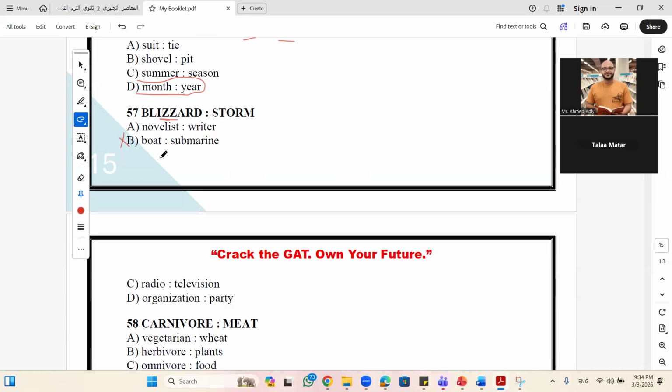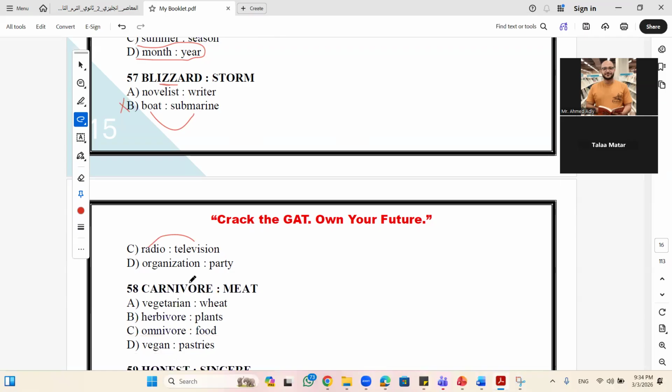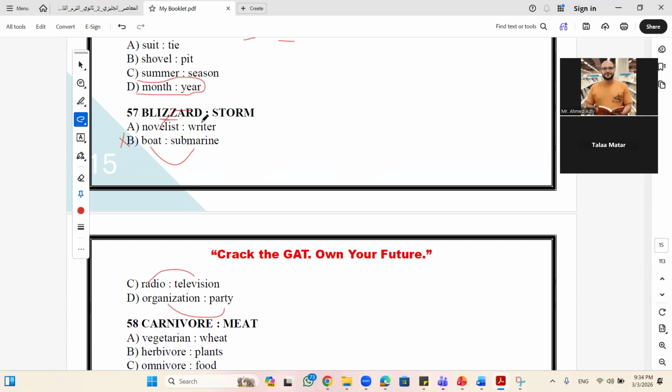So is a boat classified as a submarine? No. Is a radio classified as a television? No. Is an organization classified as a party? No. Is a novelist classified as a writer? Yes, of course. That's it.